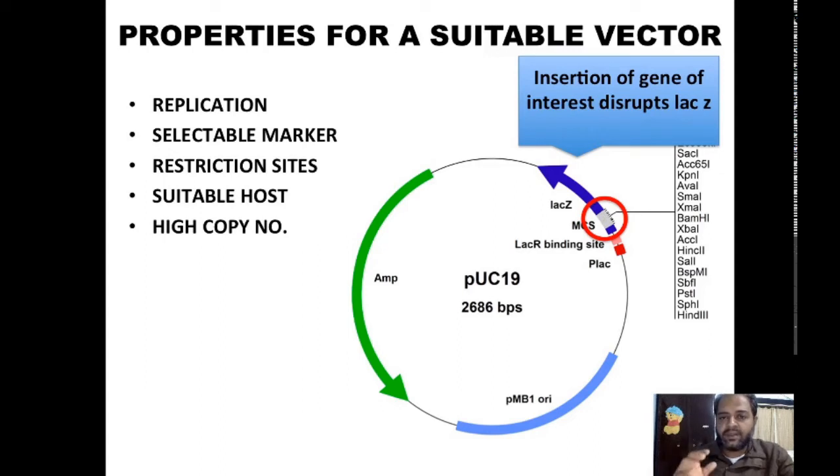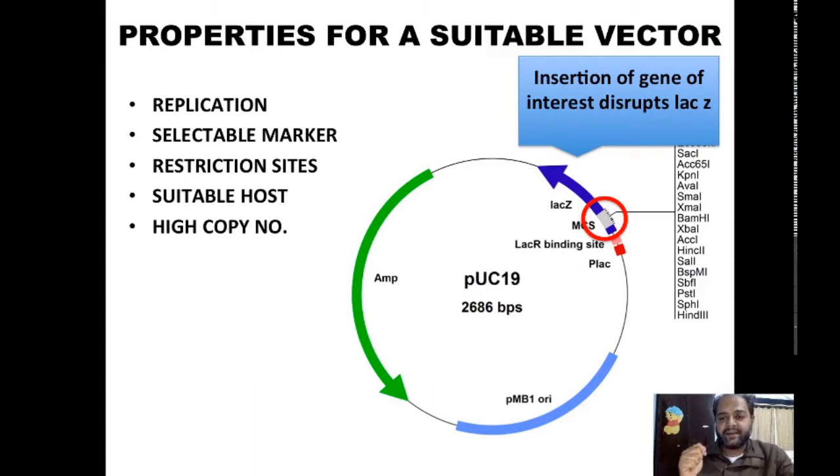If there is no insertion in this MCS, then a functional polypeptide of lacZ, that is a part of the beta galactosidase that I told you about, will be produced. So it totally depends upon the insertion of the gene of interest whether your lacZ will produce a functional polypeptide or not.